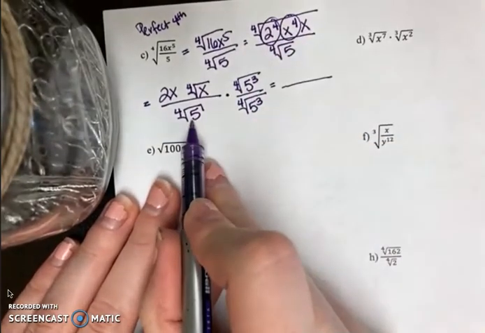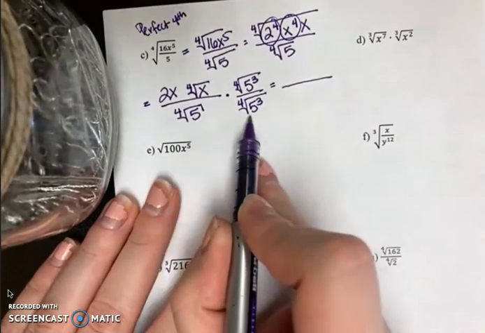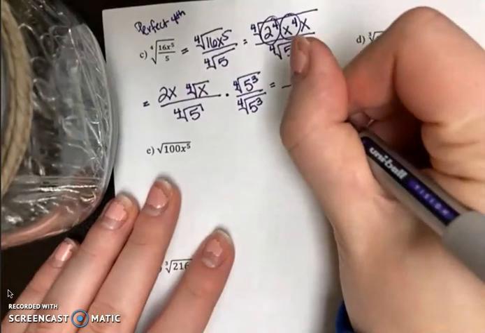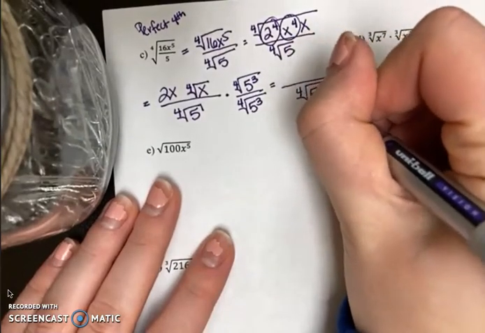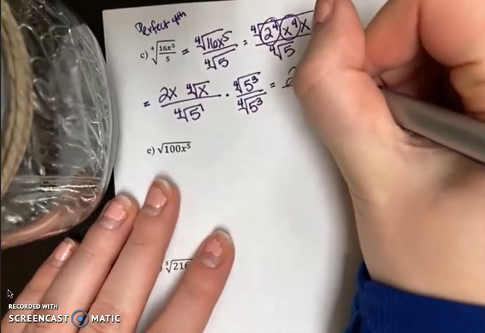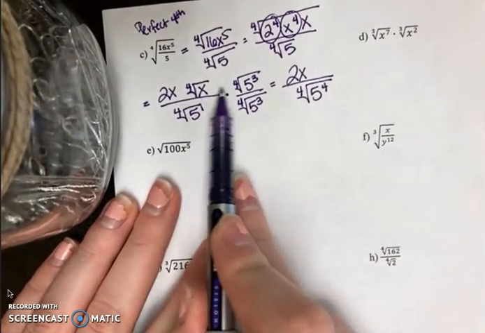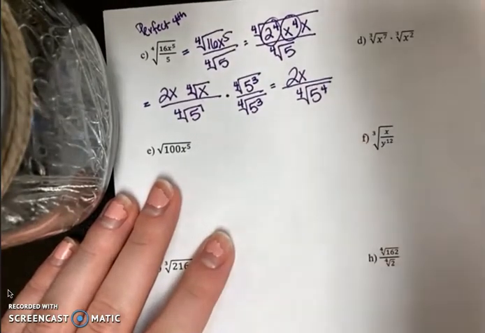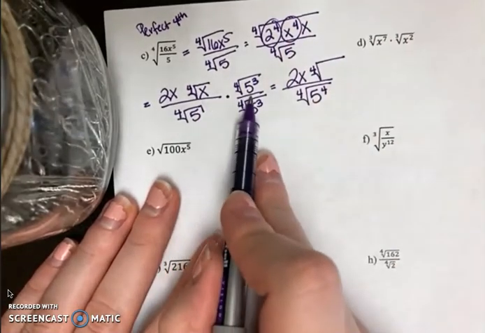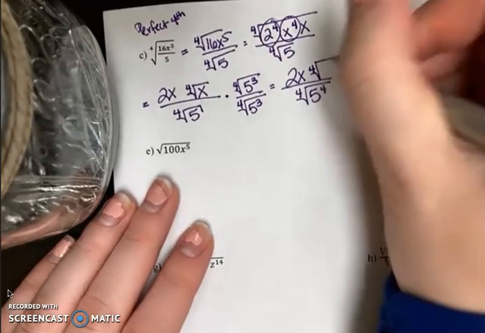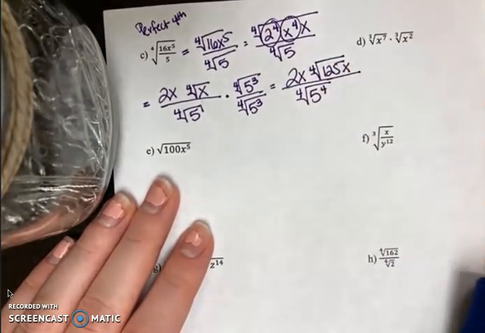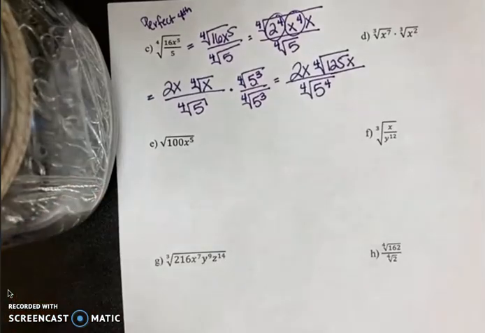So now 5 to the 1st times 5 cubed is 5 to the 4th, or the 4th root of 5 to the 4th power. The numerator, we still have that 2x on the outside, but now we have a 4th root times a 4th root. We can use the product property to condense that. And then we have x times 5 cubed. 5 cubed is 125, so I'm just going to clean that up a little bit, and then x. If you wanted to leave it at 5 cubed, that's fine. I'm cleaning it up, like I said.